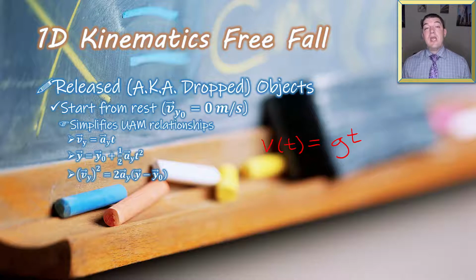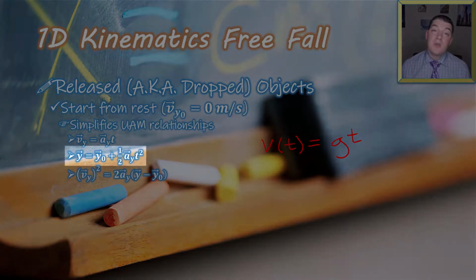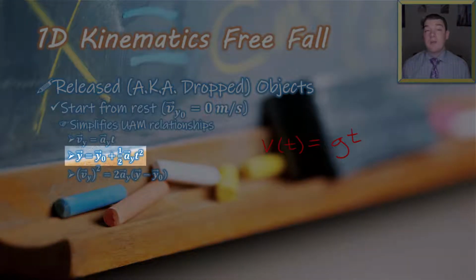If we make down negative, then we'd put in negative for g, and we'd have a negative velocity at every instant in time. Final position equals initial position plus v initial times time plus 1/2 of the acceleration times time squared.